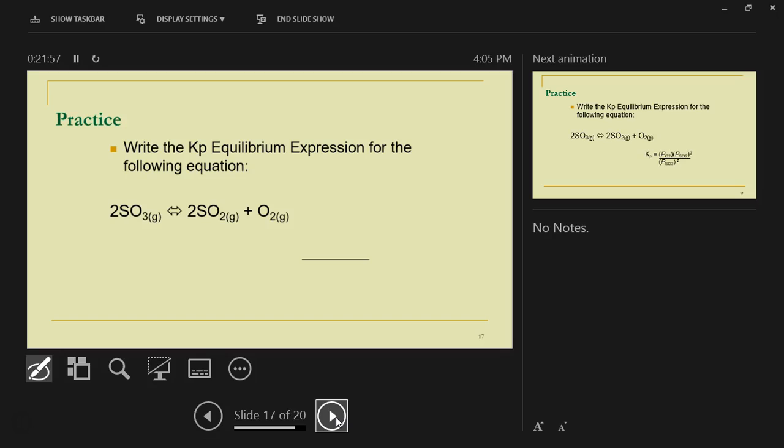All right, write the Kp expression for the following equation. You'll see they were kind enough to balance it for you. Because they asked you for Kp, hopefully you used the partial pressure symbols with your parentheses. So parentheses, the partial pressure of your O2 times the partial pressure of your SO2.